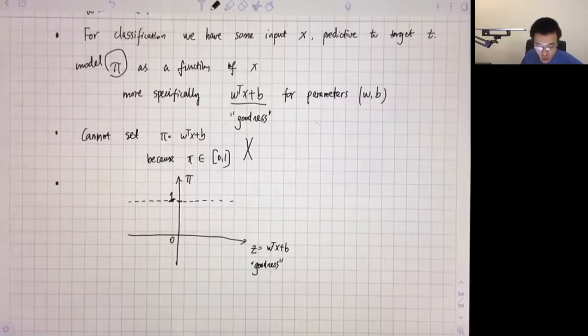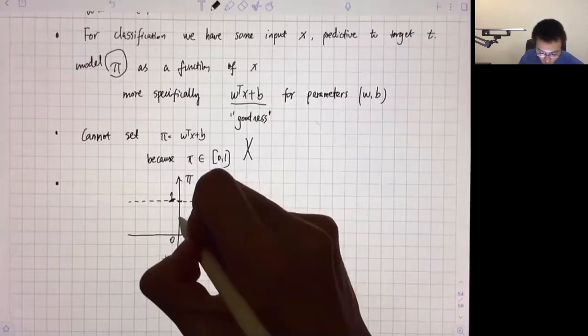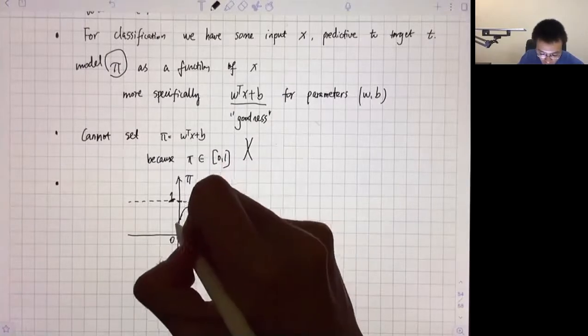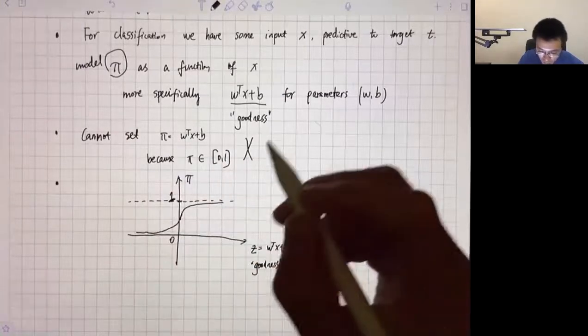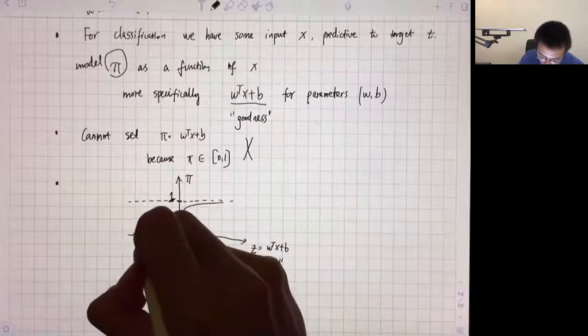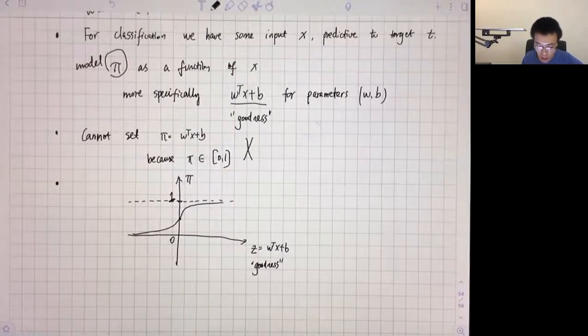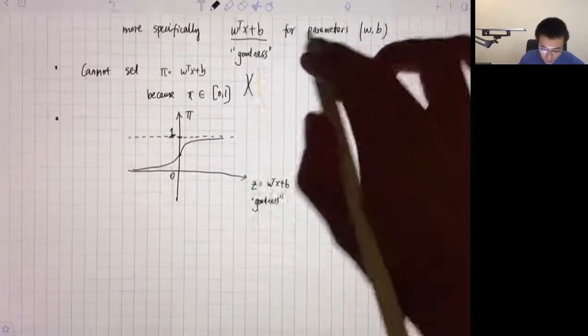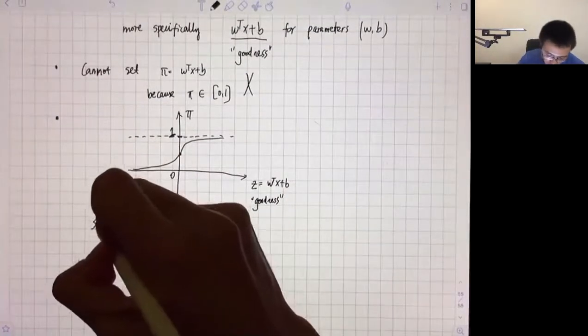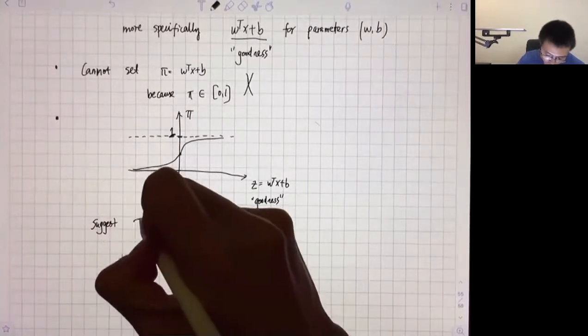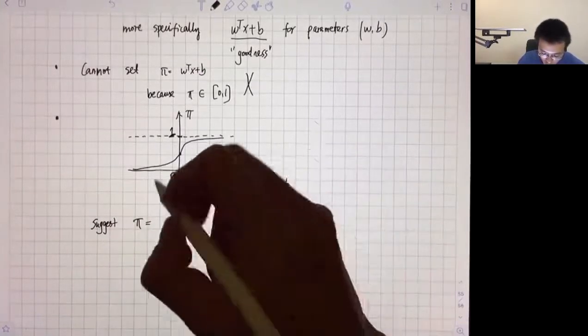So a very natural way to think of that is, why not, let's say pi is some squashing function, okay? Pi is my squashing function of the goodness, or the linear transformation of X plus some bias term. So I suggest pi is a squashing function.